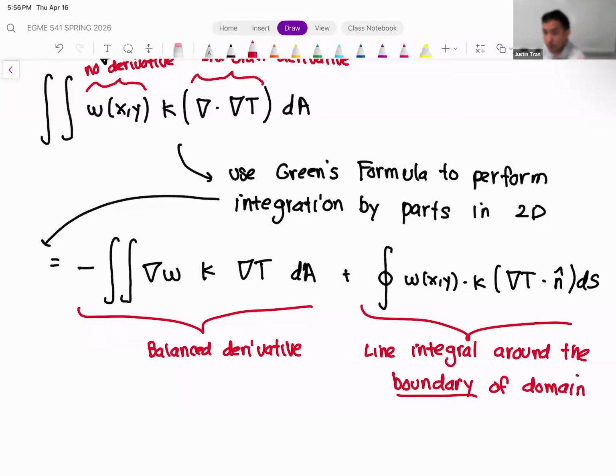With the operative word there being boundary. Hence, we're going to apply boundary conditions there.